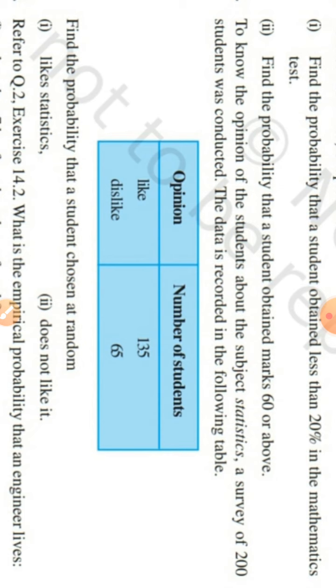Right now we have one lesson only, but in 11 and 12 commerce and at college level, statistics is an independent subject also. It is a branch of mathematics. So how many students like statistics and how many dislike it? That is given. Now it is very simple.